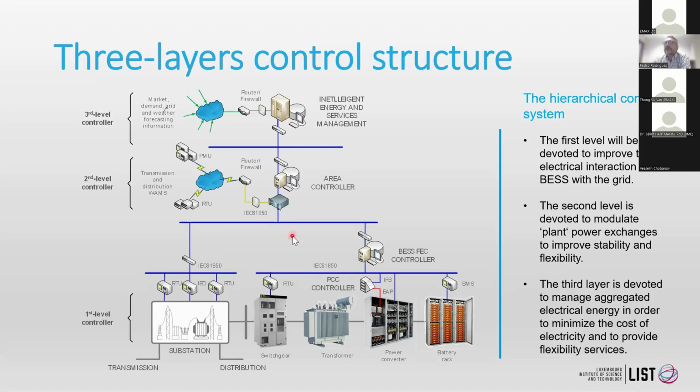This first level controller will interact with the second level controller, what we call the area level controller. This area level controller, or substation level controller, receives signals from its natural environment, its area of influence, from PMUs, RTUs, from the power system.